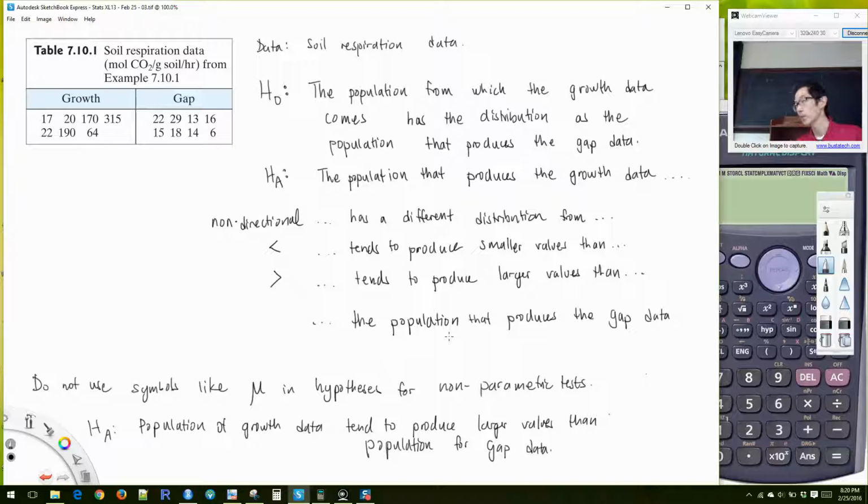The respective p-value from the Wilcoxon Mann-Whitney test, or the Wilcoxon rank sum test, is based on all possible rearrangements of the data. I'll talk about this after I do it. The theoretical part doesn't really matter.